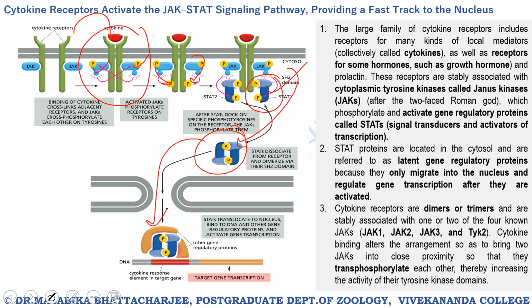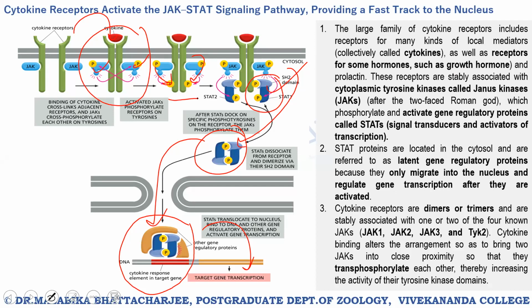They move into the nucleus and bind to the response element of the target gene, bringing about the activation of that particular gene. So this was a very simplified diagrammatic illustration of how, once a cytokine, or as I said, some growth hormones, the hormone prolactin, binds to the receptor, it in the process activates the Janus kinases associated with the receptor, which in turn activates the receptor itself by phosphorylating tyrosine residues on the receptor.